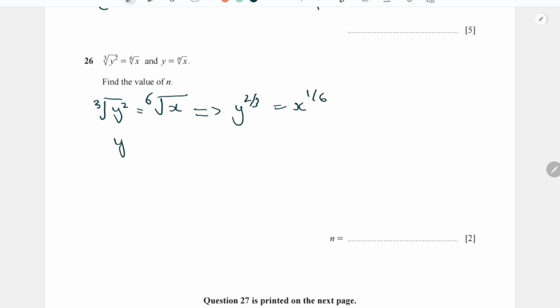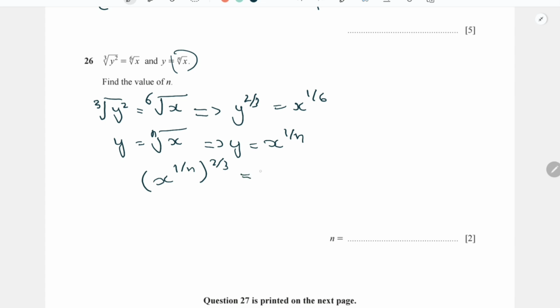Now y equals to x, and we have n, right? This one is y equals x to the 1 over n. After this we just substitute 2 into 1, right? So x to the 1 over n, and 2 over 3, right? We just substitute the y, that is equals to x to the 1 over 6.